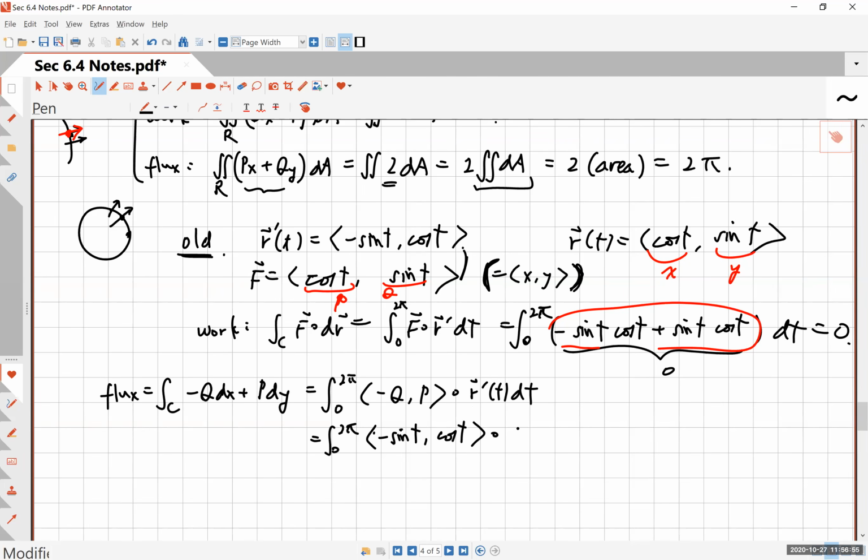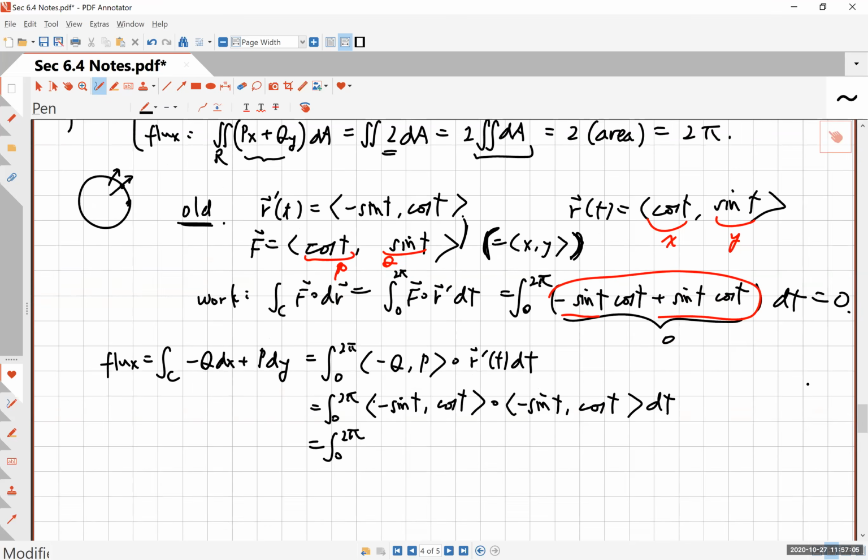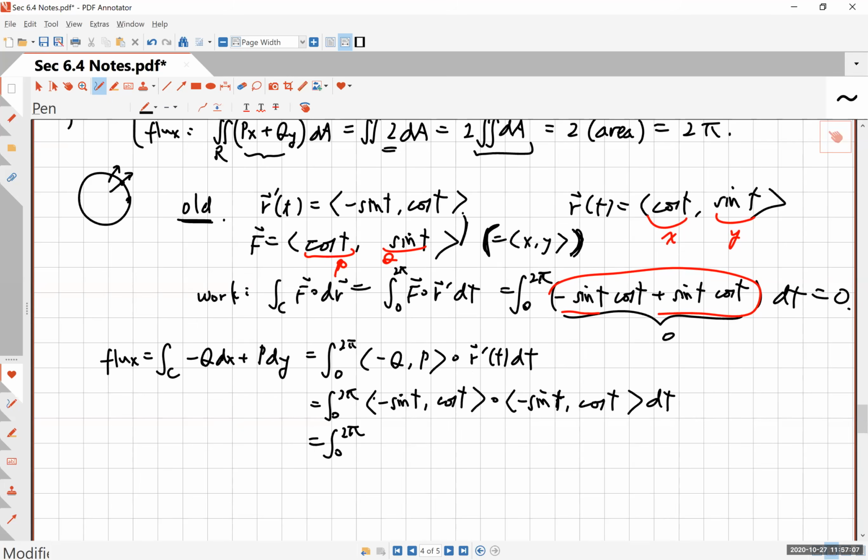And remember what the r prime was. That's negative sine t, cosine of t, dt. Okay, and so this actually reveals some more information than before. So this is sine squared, negative times negative is positive, and then cosine squared. And of course, that's 1, right?